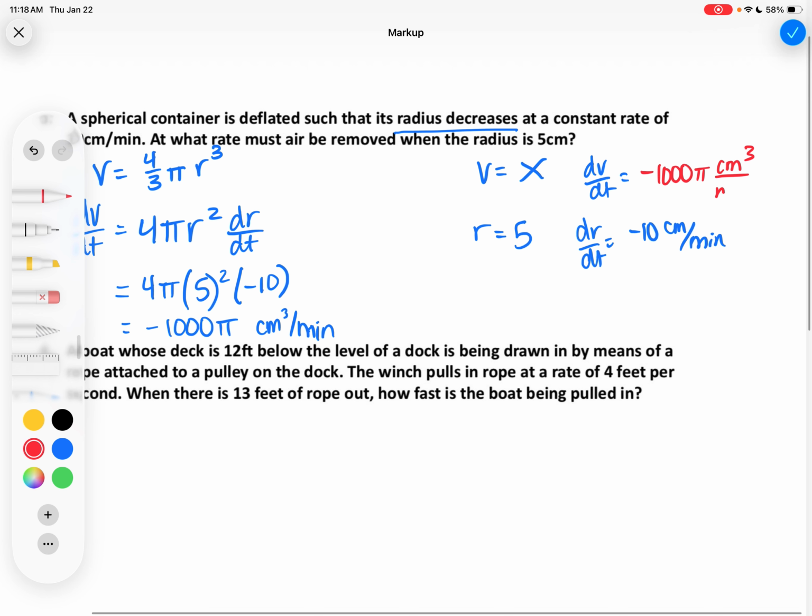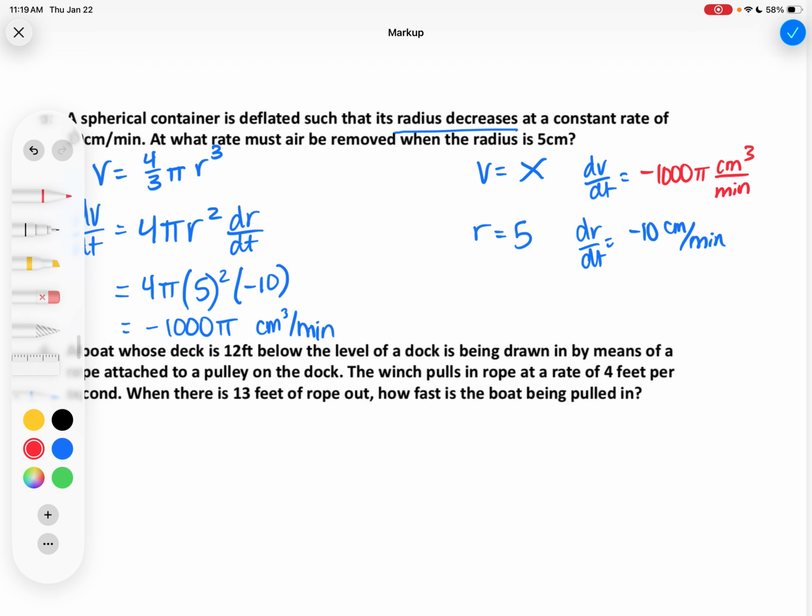Any questions on these so far? I didn't really talk about this, but part of doing this is you can do unit analysis to make sure your units make sense as you go through, if you actually stick the units on the numbers you're given.